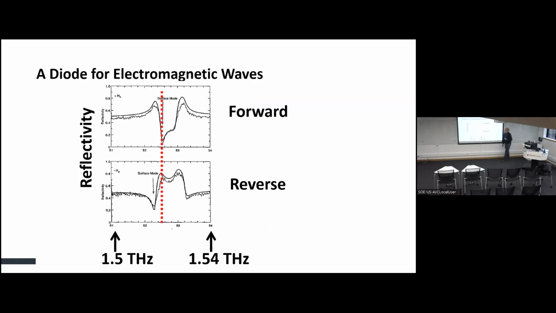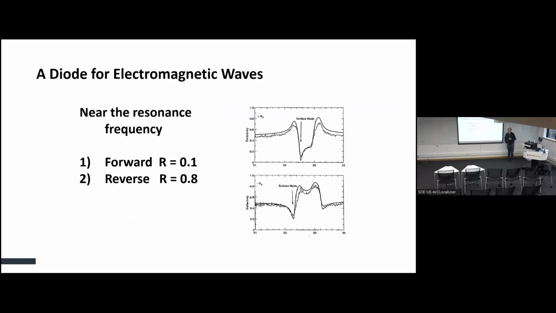And again, if we put a line through, you see one is very much at a dip, one is very much at a peak, and the reflectivity is quite substantially different. In one case, it's 0.8, and in one case, it's 0.1. So you really have something that is a non-reciprocal scheme at terahertz frequencies.